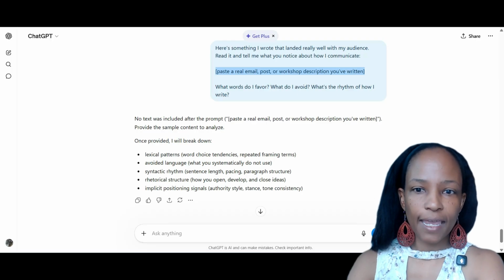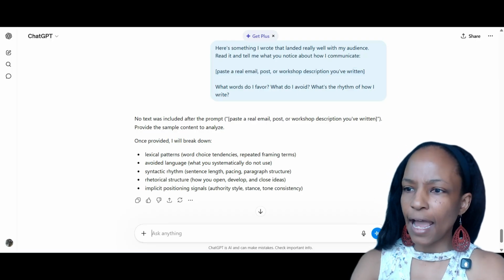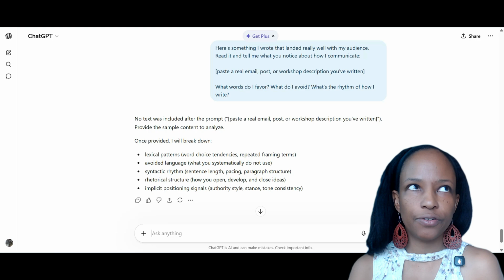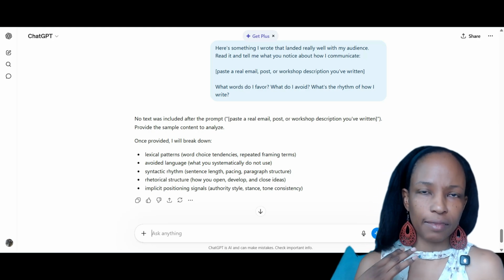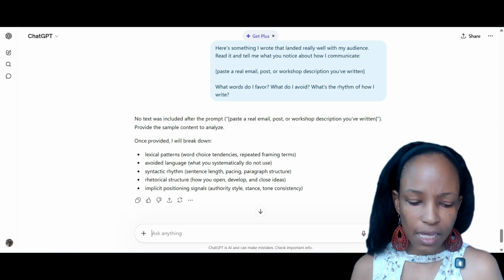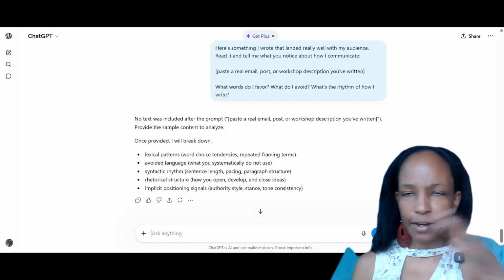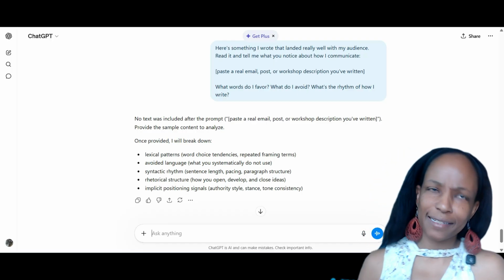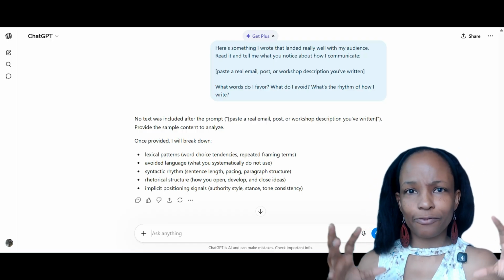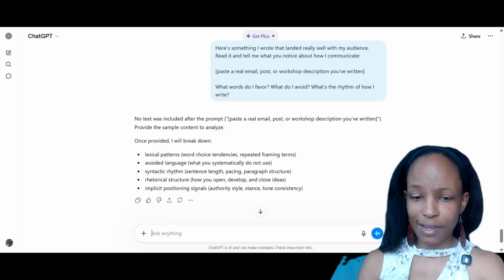Show, don't tell. I also produce a lot of artifacts that are contextual for the things that I do in business and for my speaking. I also have SWOT analysis, gap analysis, and things like that. So I already have that front loaded in my context, so it kind of knows who I am already.